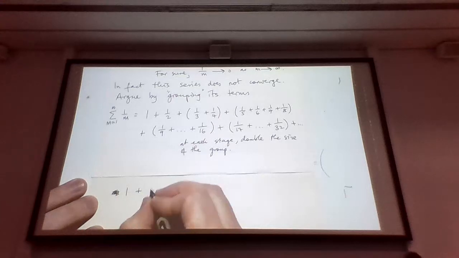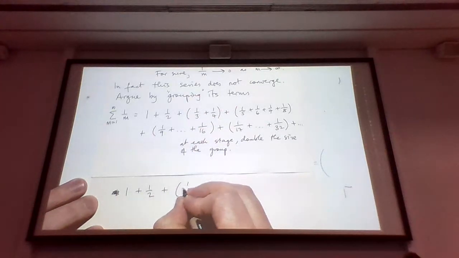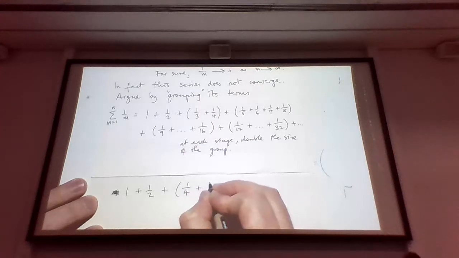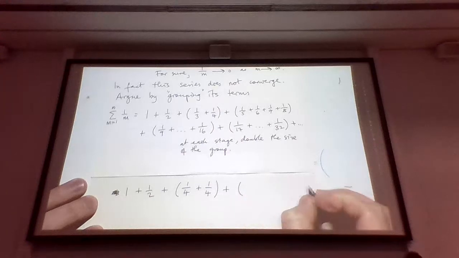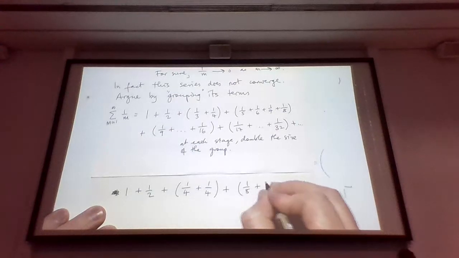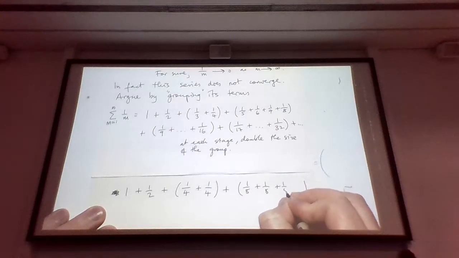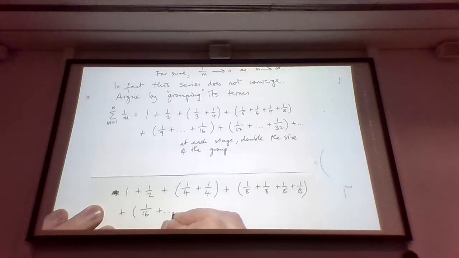Now, instead of a third and a quarter, what if I replace the third by a quarter? And in the next group, which has got 4 things in it, what if I replace them all by 1 over 8? And in the next group, which has 8 things in it, what if I replace them all by 1 over 16?